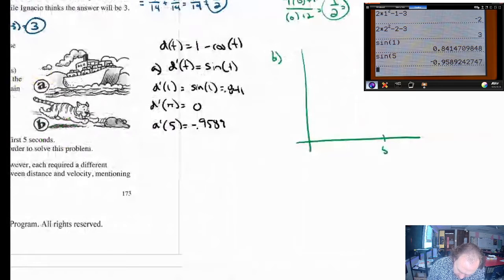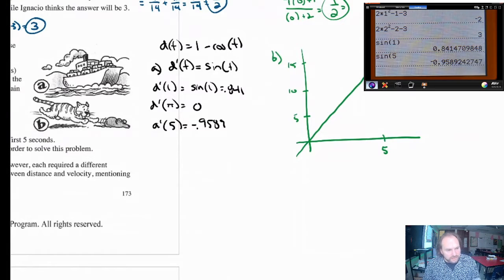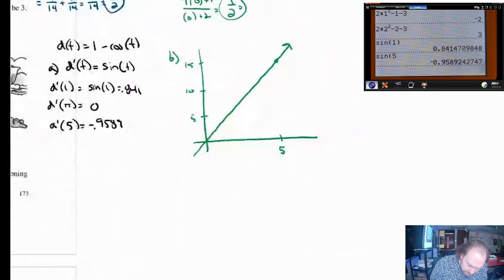So here's 5 seconds. There's 5, 10, and 15. So there's 5, 15, and it's a pretty straight linear line right there. So this is a velocity graph, v of t.